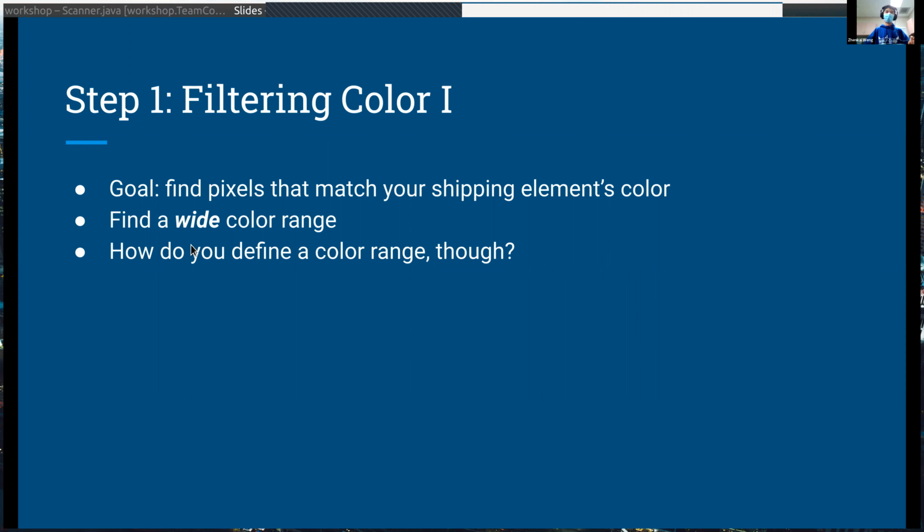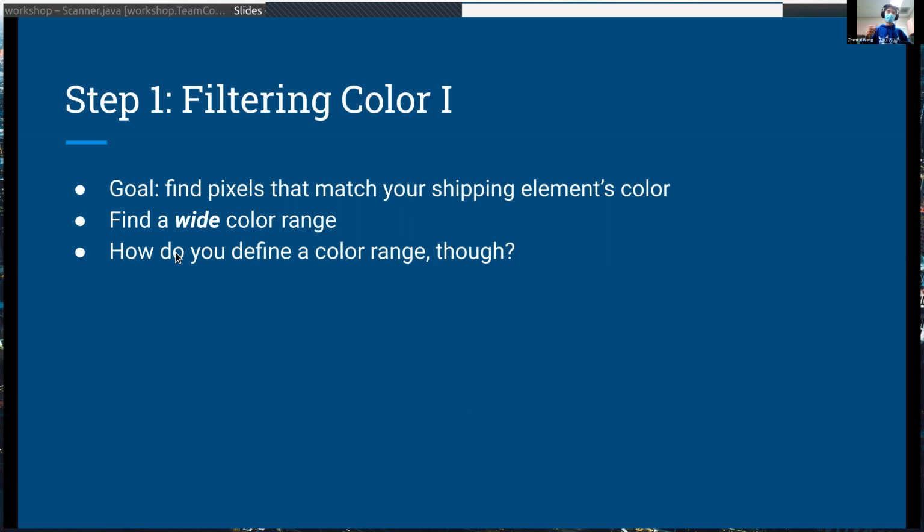Our goal in filtering color is to find pixels that match your shipping element's color. So if your shipping element is green, then we'll find all kinds of green in your video frame. Because depending on the lighting condition, your camera might not pick up the exact color of your shipping element, we want to find a range that's as wide as possible to get everything you can see.